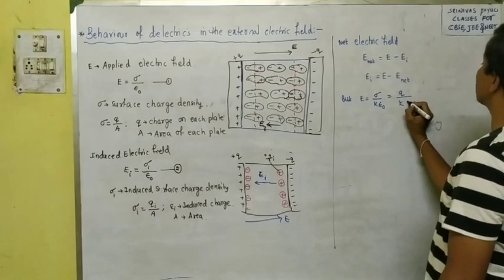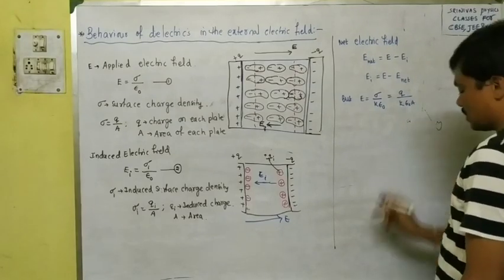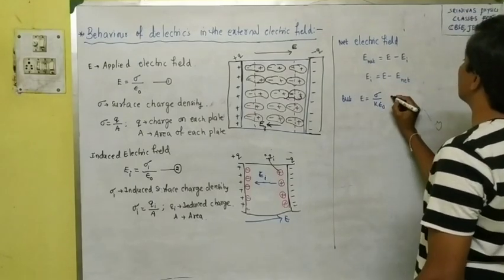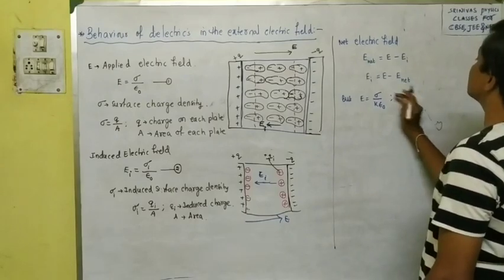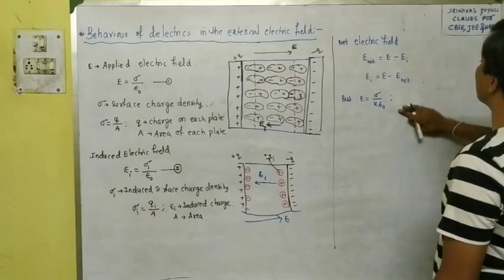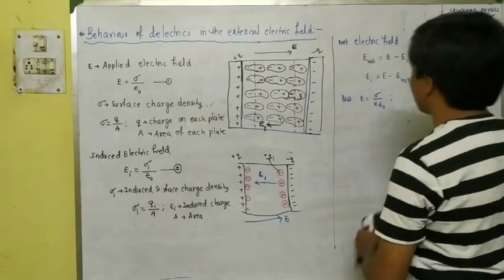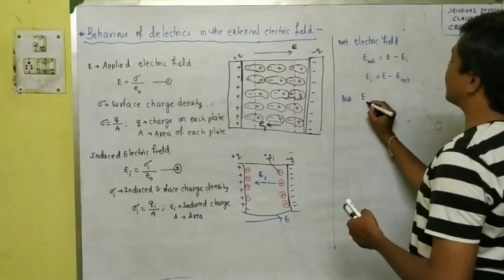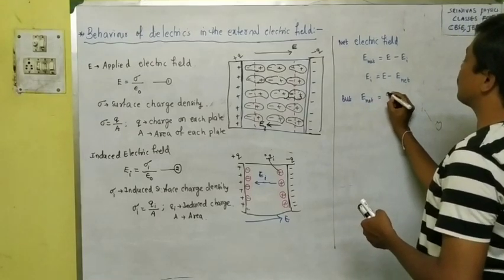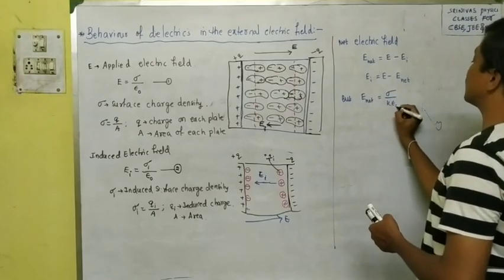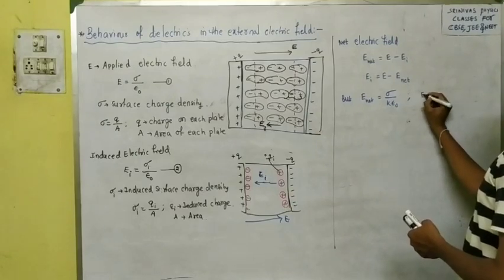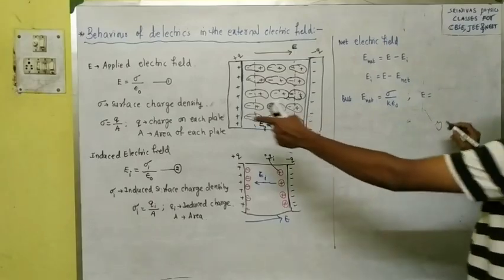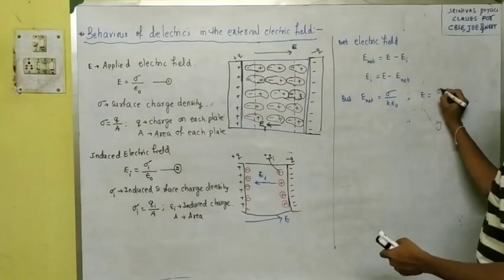E net is the electric field in the dielectric, with formula sigma by k epsilon naught. And E is the applied electric field, whose formula we already know, sigma by epsilon naught.